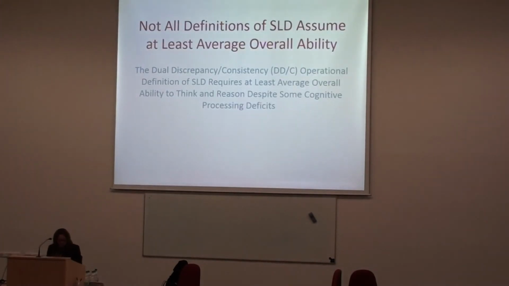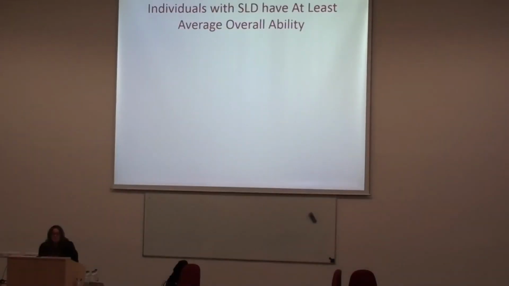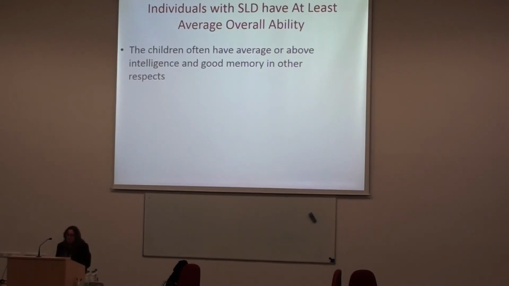Not all definitions of specific learning disability assume at least average overall ability to think and reason. For example, in our definition, we say you need to have otherwise average ability to think and reason. And this dates back to the early 1900s, right? So in the States, our definition of specific learning disability really hasn't changed in 100 years. What keeps changing is the methodology.